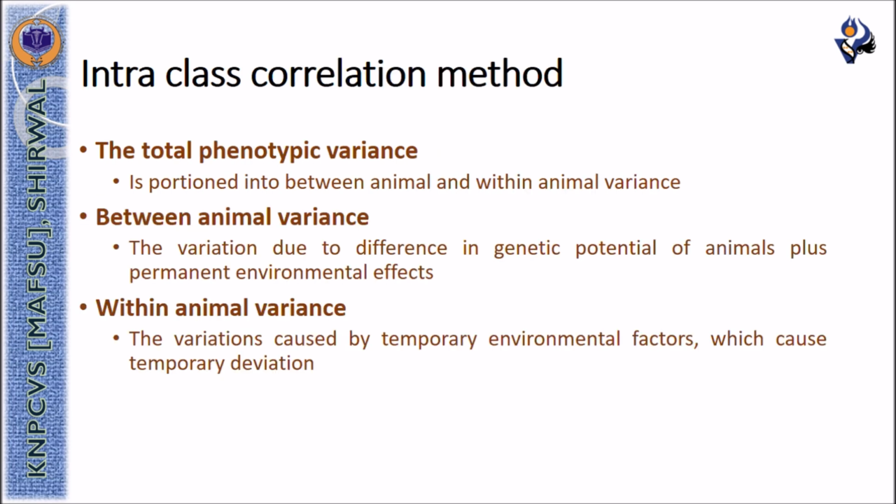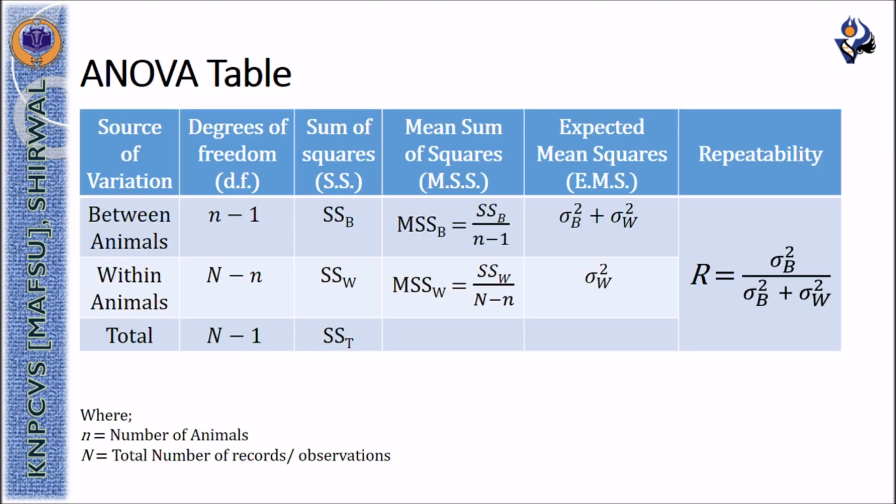The intra-class correlation method partitions the total phenotypic variance into between the component of animal variance and within the component of animal variance.